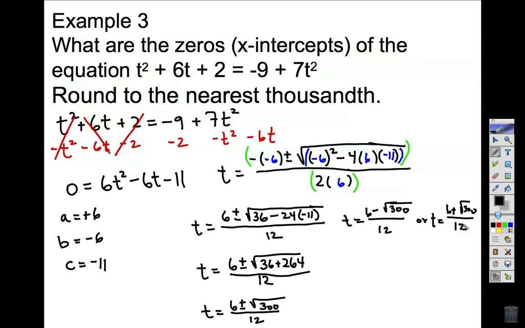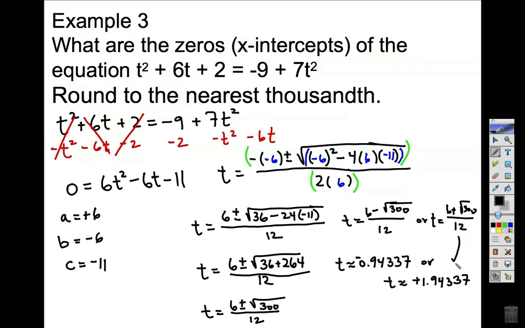So now this t is going to be negative 0.94337, and then this other t is going to be positive 1.94337.